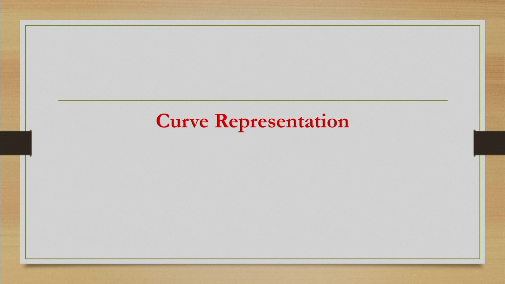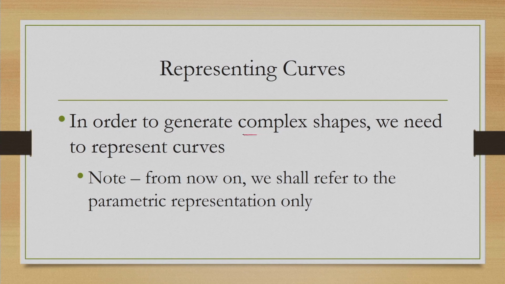In order to understand the spline representation technique, we need to understand how we represent a curve. Curve is a very common primitive shape which is required at many places to represent objects. Particularly in the context of complex shapes, we cannot avoid representing curves.